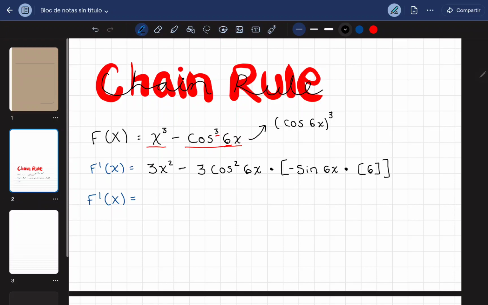Now we need to apply algebra. So we have 3x squared. Okay, this term in here and this term in here are multiplying. So minus times minus, and we have a plus 3 cosine square of 6x.